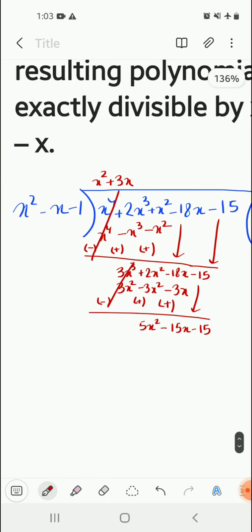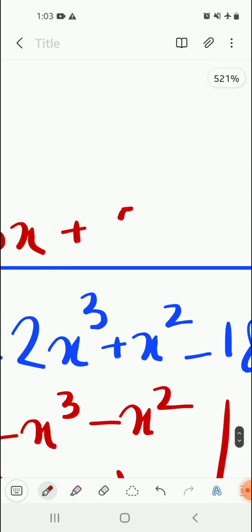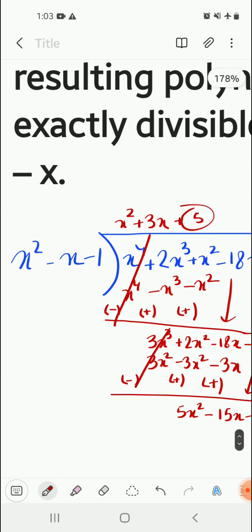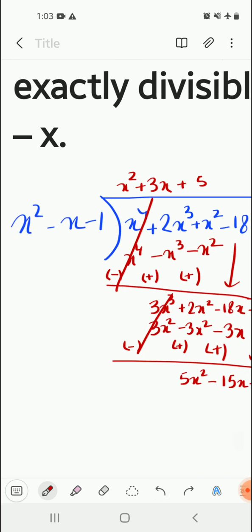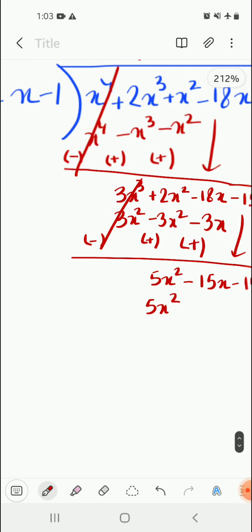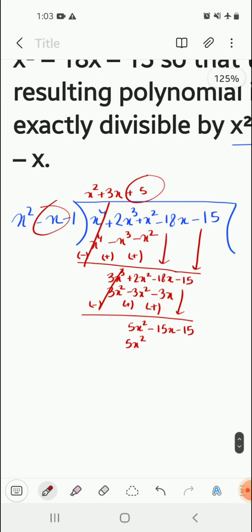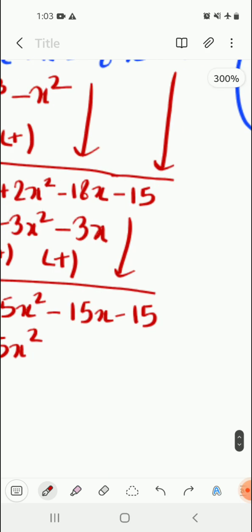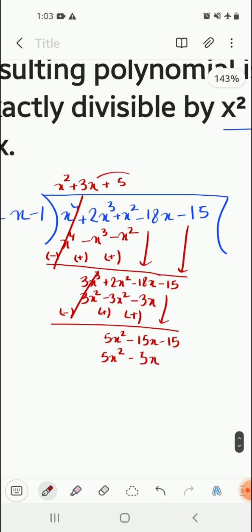See, next we are going to multiply x square with only 5. So that we get plus 5 into x square, simply 5x square. Next, plus 5 into minus x becomes minus 5x. Again, plus 5 into minus 1 becomes minus 5.